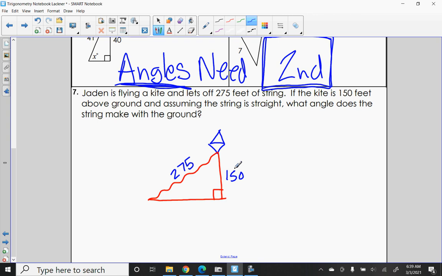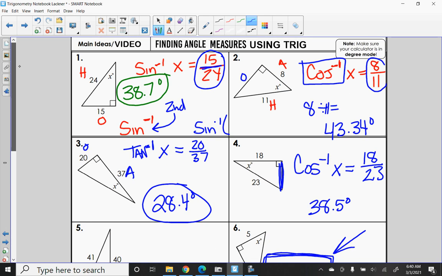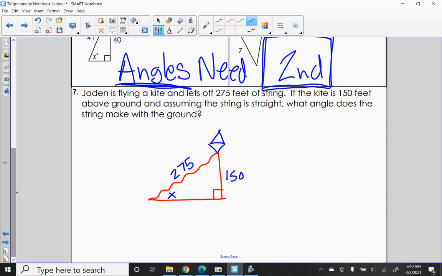What angle does the string make with the ground? So hopefully you know that the ground angle is going to be down here. So that would be your picture for number 7, and then we would follow the same steps we did for number 1 through 4. All right, so there is your video on finding angles using trig.